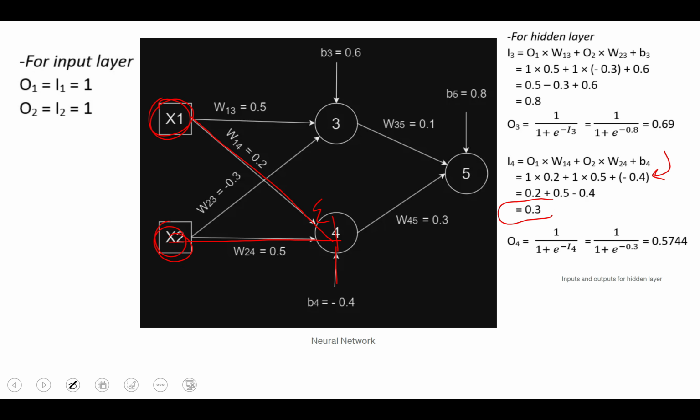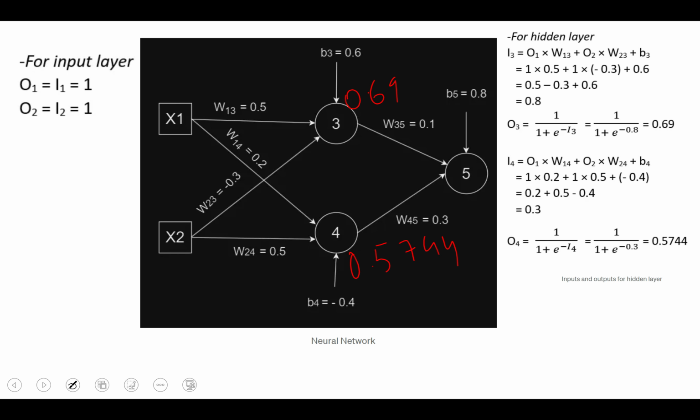Now the output is 0.3. On this 0.3 we will apply the sigmoid function, and hence we will get this value. So we can say that on the hidden layer the output is 0.69 and 0.5744.